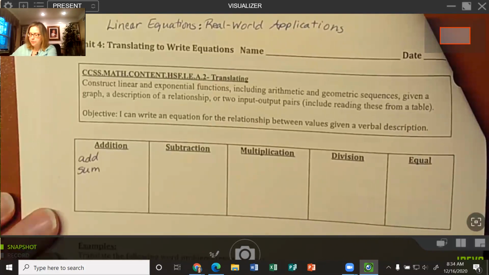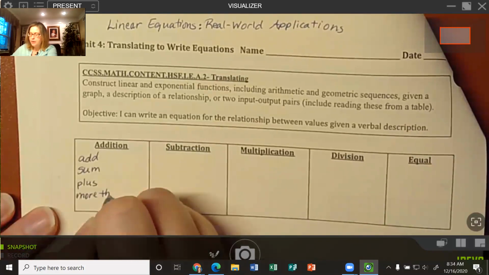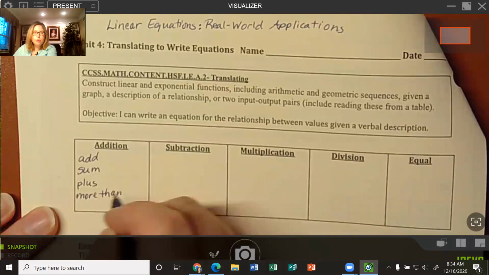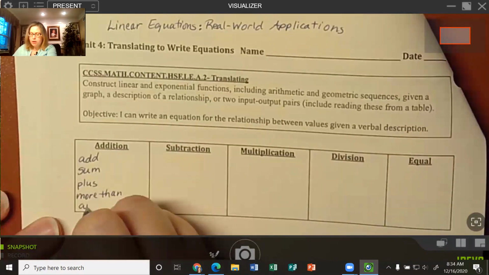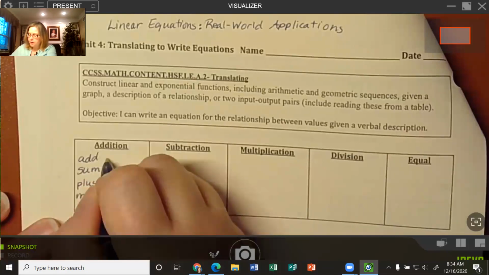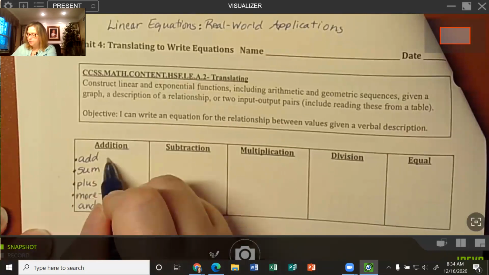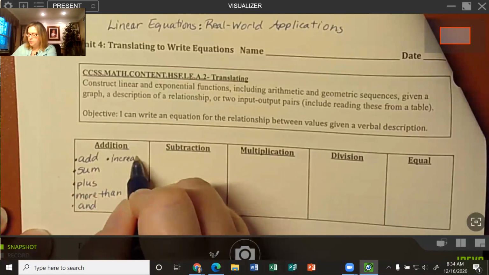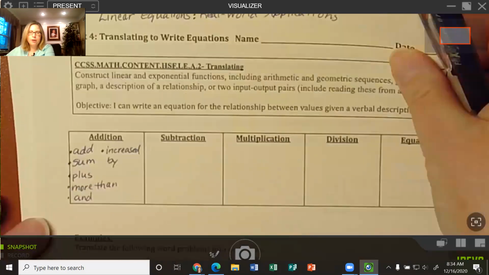Plus, more than, and. So like if I said 2 and 2 is 4, and also means add, and then increased by. Okay, and there could be others as well, depending on the scenario.